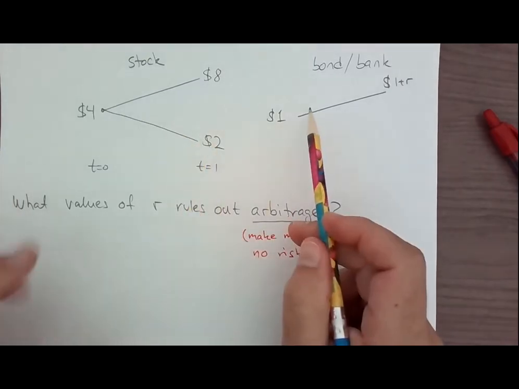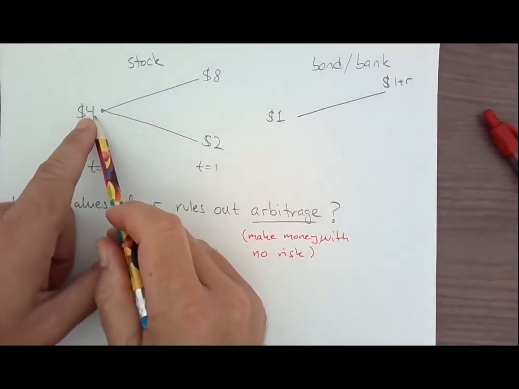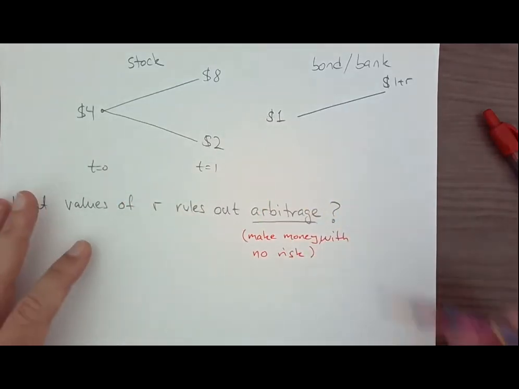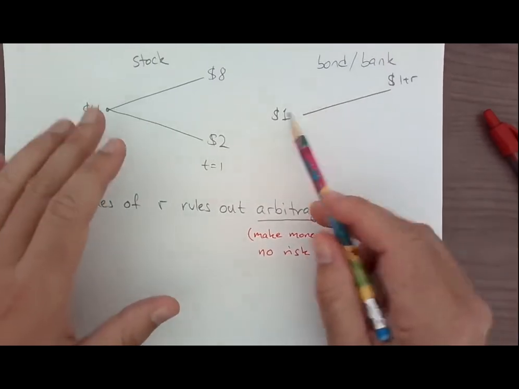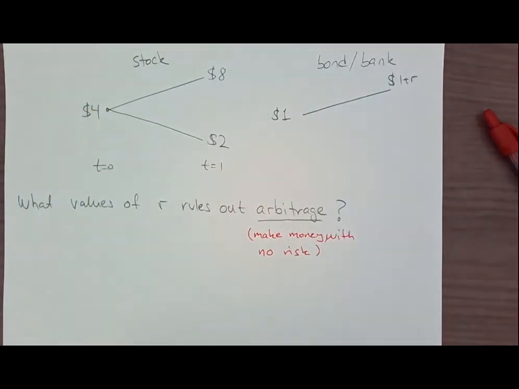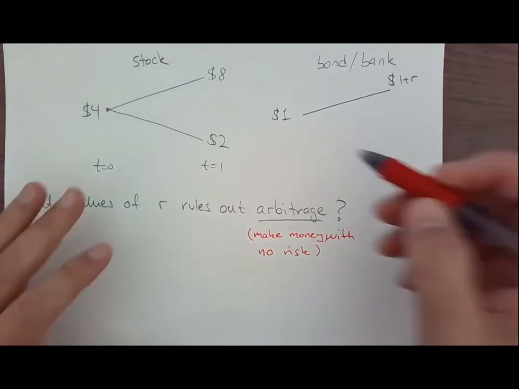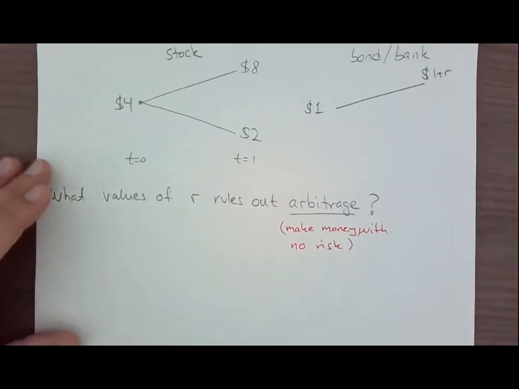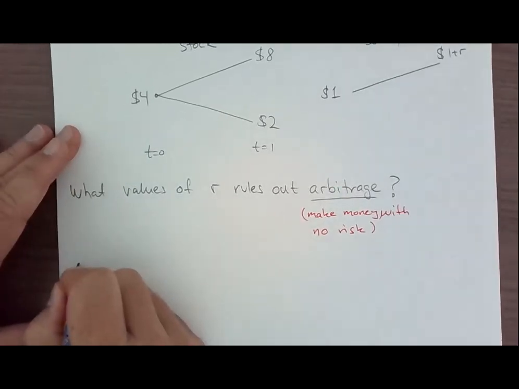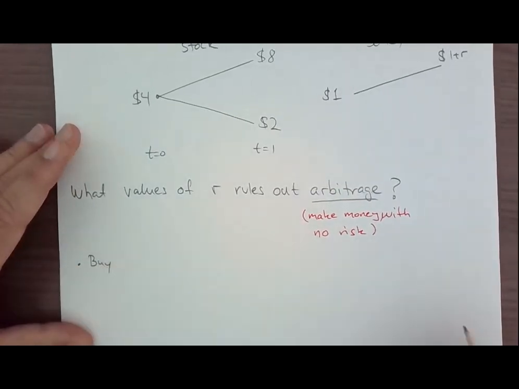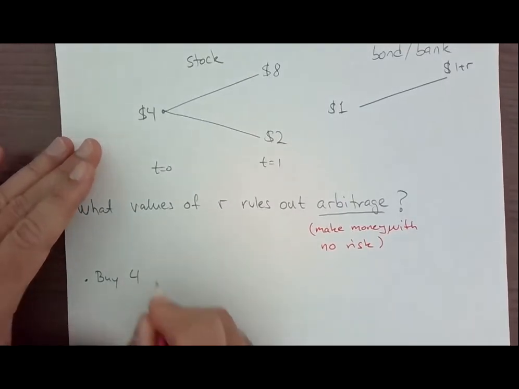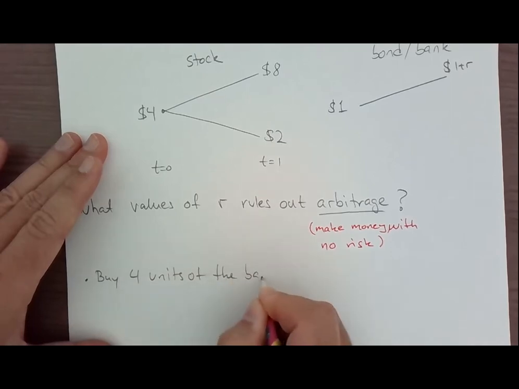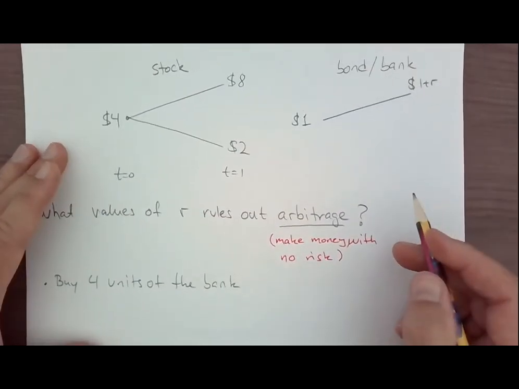Well, you see, the starting point here is 4, and this one here is 1. So one thing I could do is bring it up to the same scale so that you would start out both at 1. So I could buy 4 units of the bond.